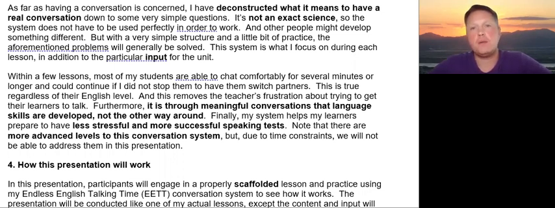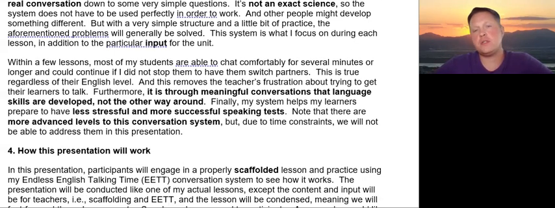And my system also helps students have less stressful and more successful speaking tests. And this is just the basic level of my EETT system. There are more advanced levels.